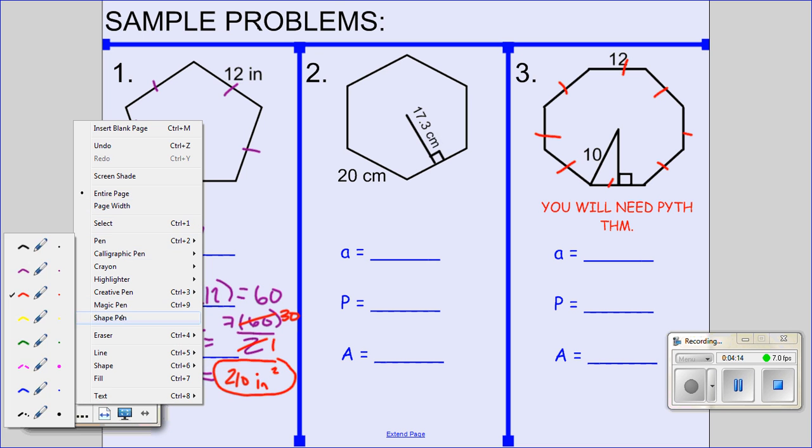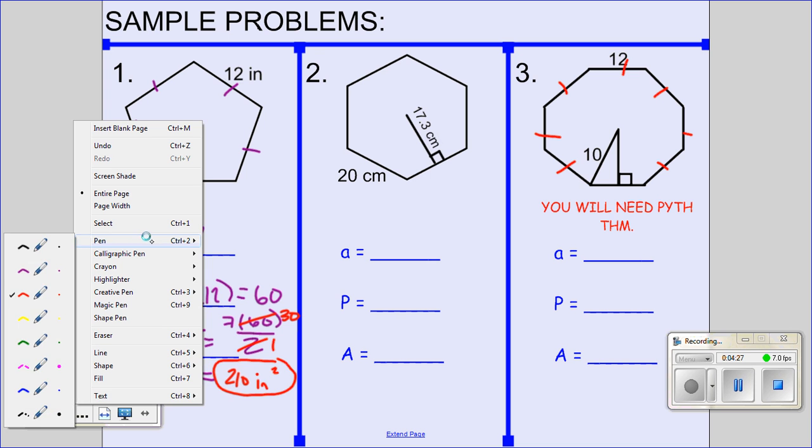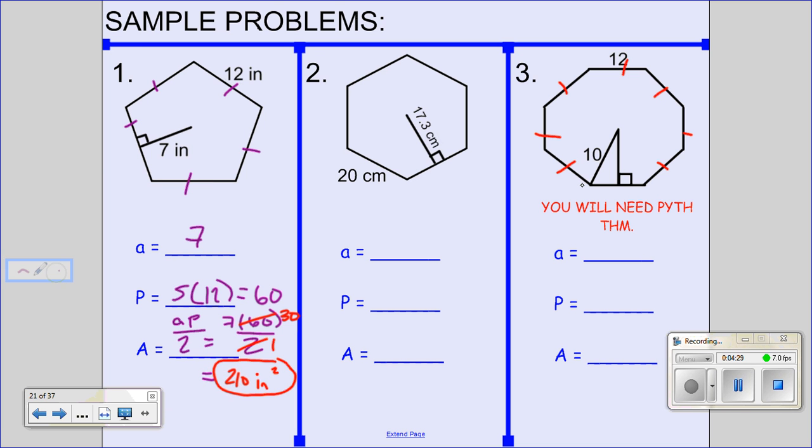But other things to remember is that the apothem also splits the side in half. So if each side of my octagon is 12, that means on each side of the apothem we're going to have 6. This part is 6 and this part is 6 because my apothem is right here. So in my right triangle, one side is 6 and the hypotenuse is 10.